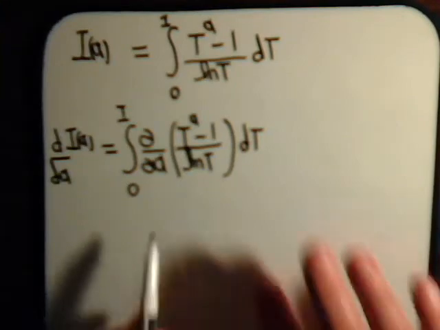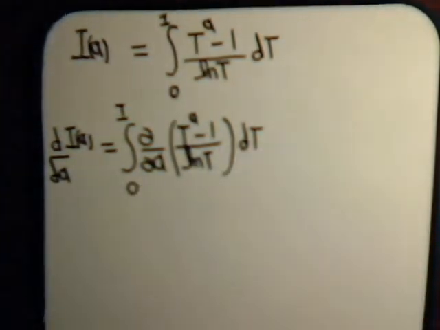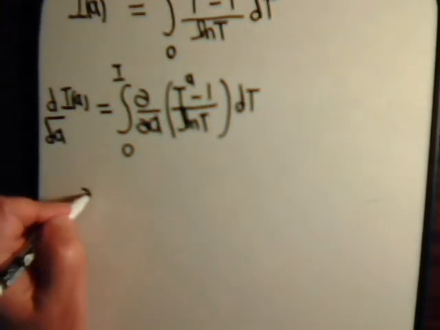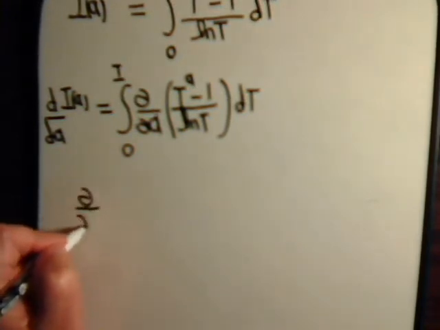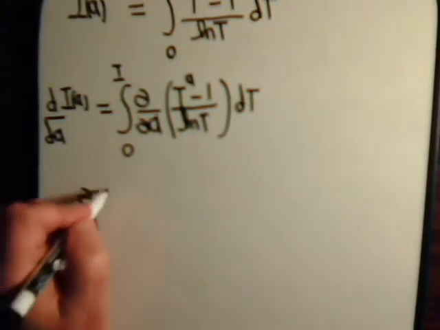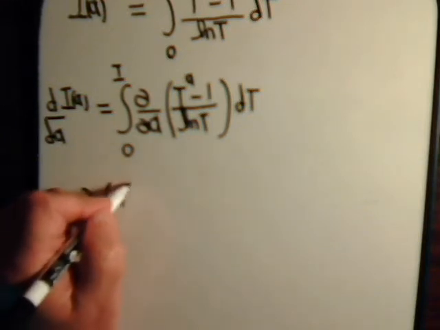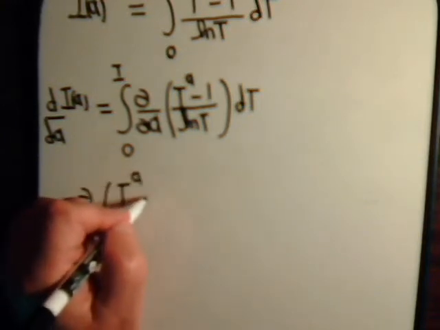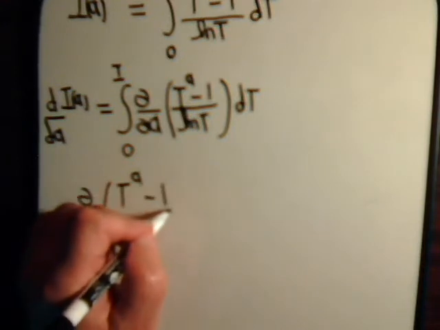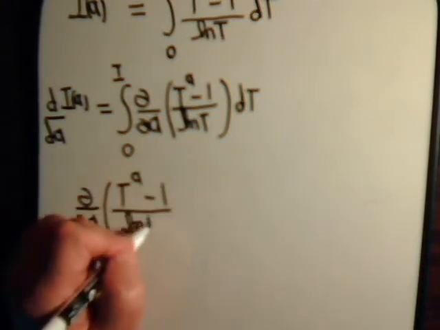So we have to take this partial derivative. Let's take this to the outside. We have the partial with respect to a of (t^a - 1) divided by the ln of t.